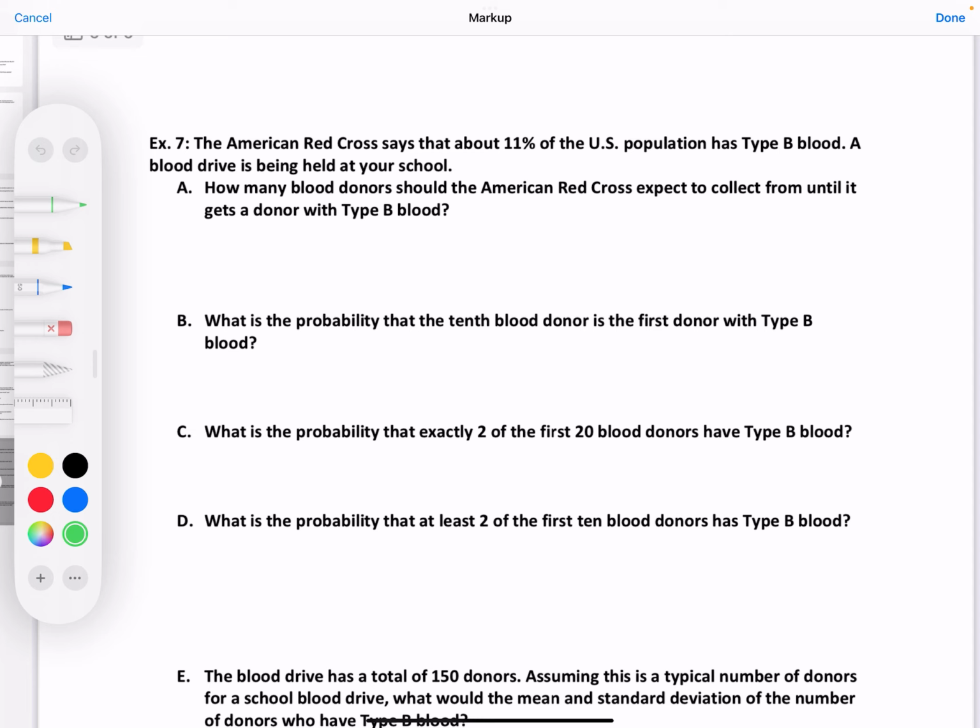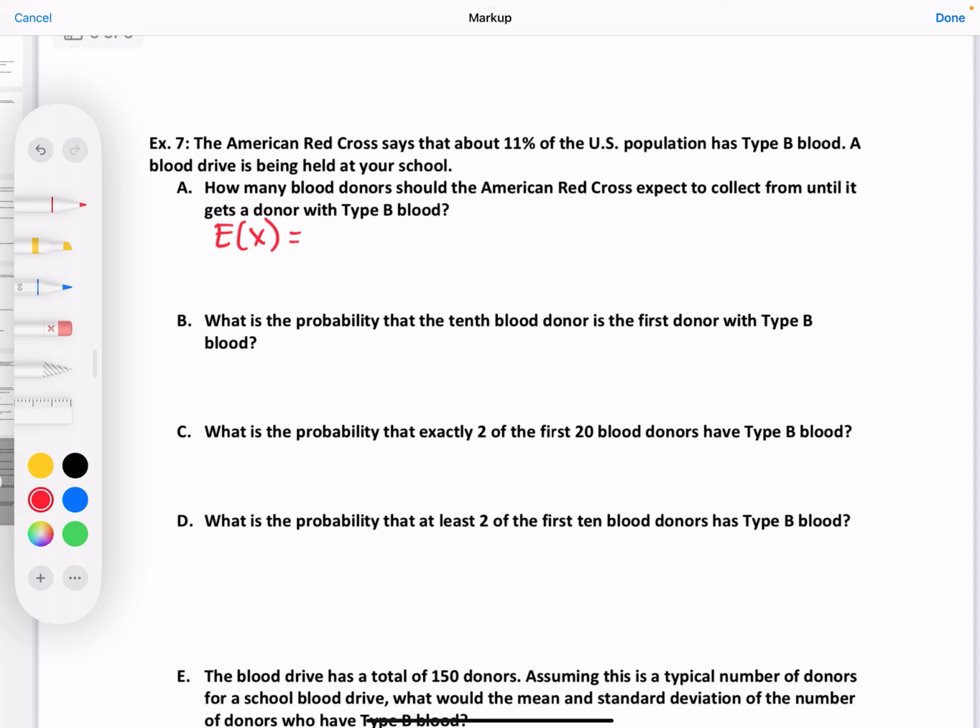The American Red Cross says that about 11% of the U.S. population has type B blood. A blood drive is being held at your school. How many blood donors should the American Red Cross expect to collect from until they get a donor with type B blood? So, how many should they expect to see? That's your clue. So you expect it, so it'll be 1/P.